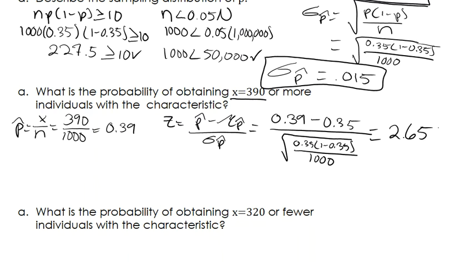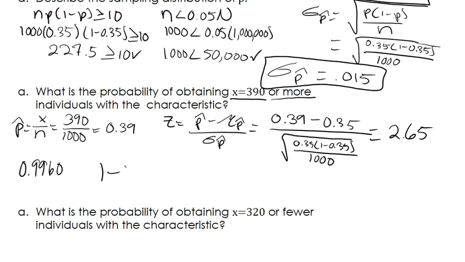And now let's convert this z-score into a probability using our standard normal table, and we will get a probability of 0.9960. But this is asking for more, so we're going to have to find the complement.